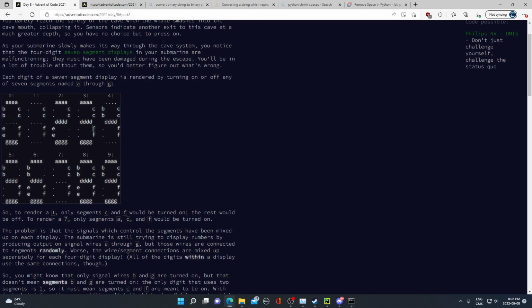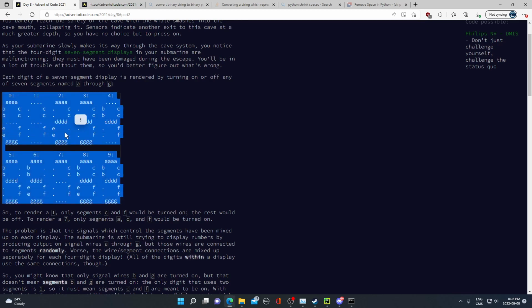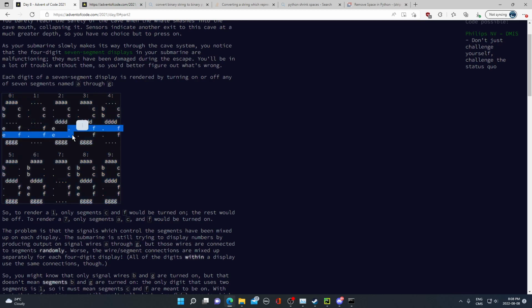Well, 2 and 3 is something I noticed. Or just anything, 2 or 5, for example. 2 would have C but not F, so we know that C is the top one and F is the bottom one. I mean, there's way too many. It's very easy to figure this out.